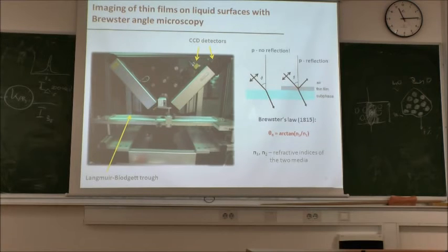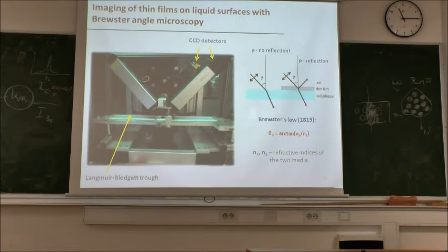Here is shown the principle of this microscopic technique. If the light is incident on the surface, for example water, at Brewster angle, then for p polarization there is no reflection. So in the case when we have just clean water, we obtain a dark image.